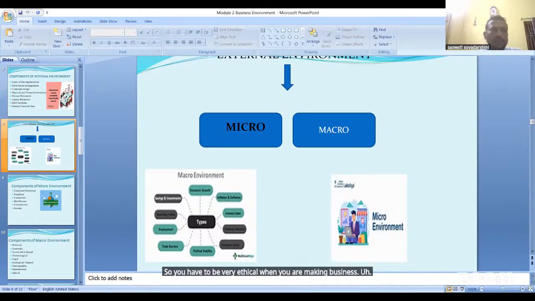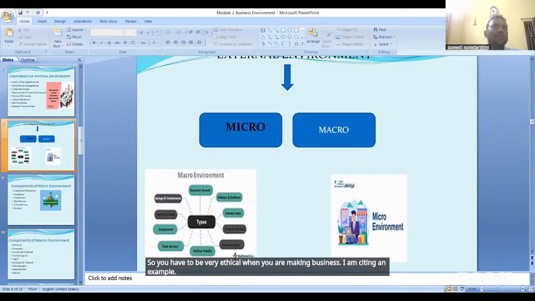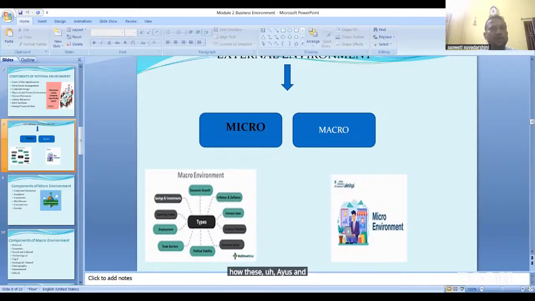I am citing an example of how Ayush and Patanjali make different kinds of advertisements countering each other. In one advertisement, Akshay Kumar says "हरी पत्ती दिखाने से कुछ green natural नहीं हो जाता है", giving a statement countering Patanjali.